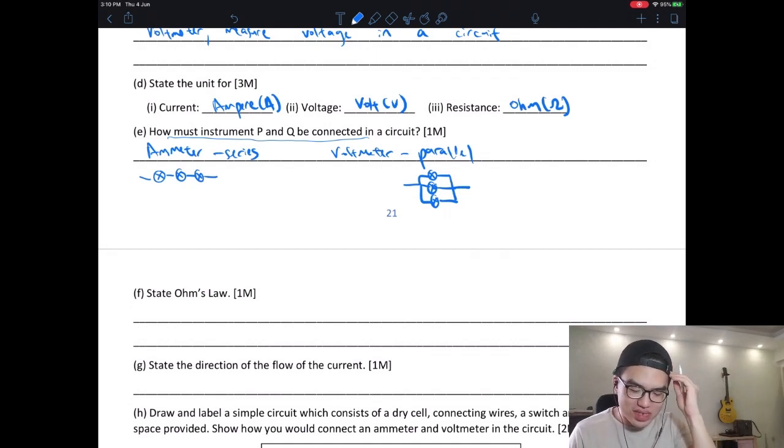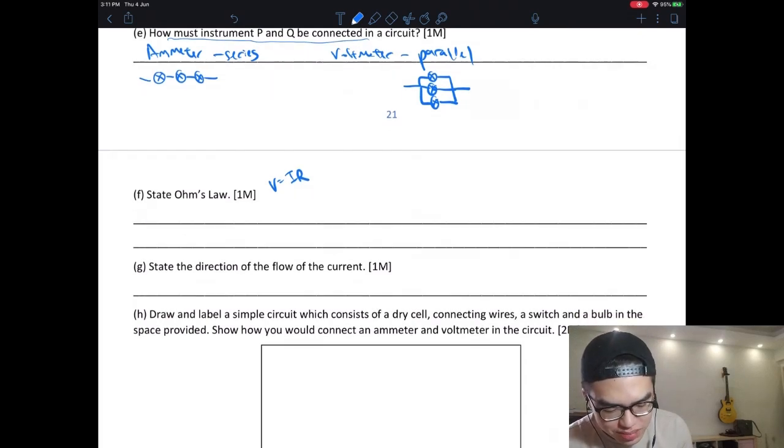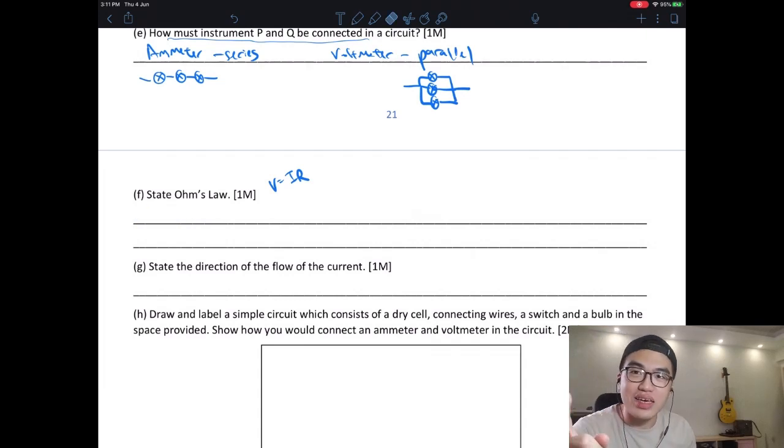So F, state Ohm's law. A lot of students will just straight away write V equals IR. You'll get a big cross in your face. So how do you say? You remember when I increase, you increase.